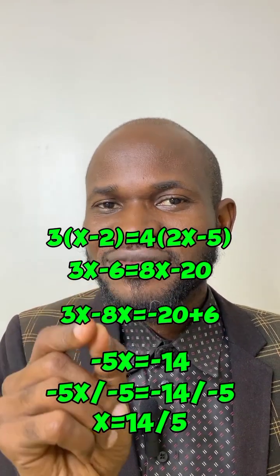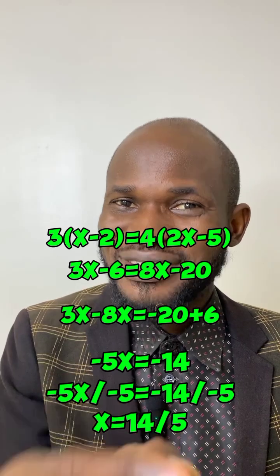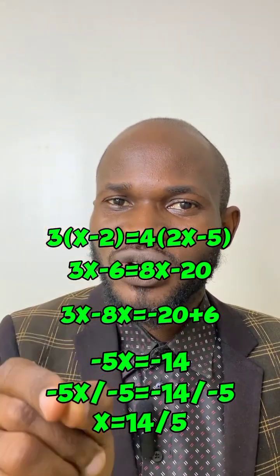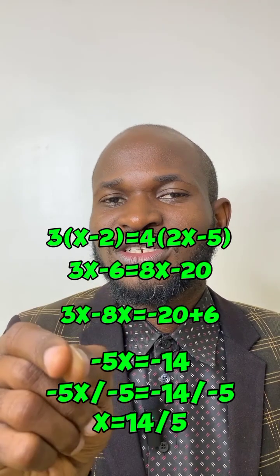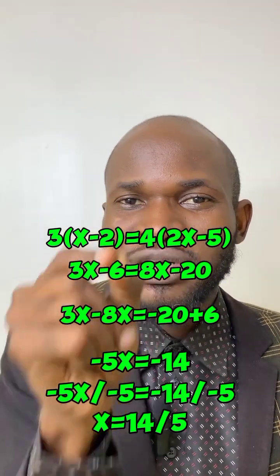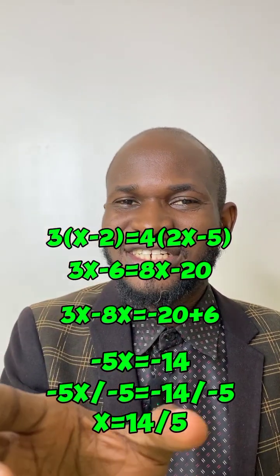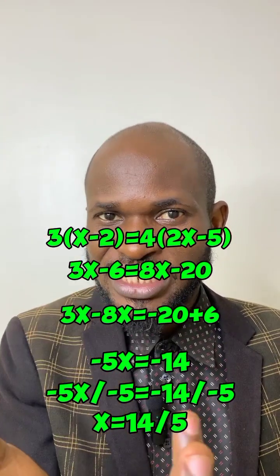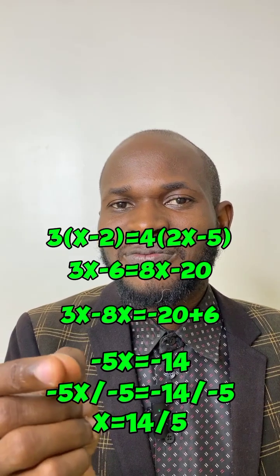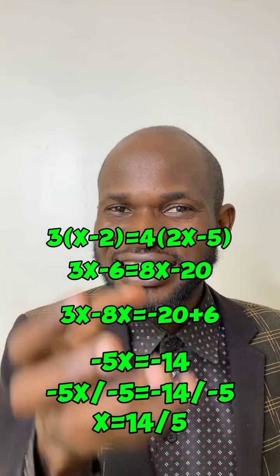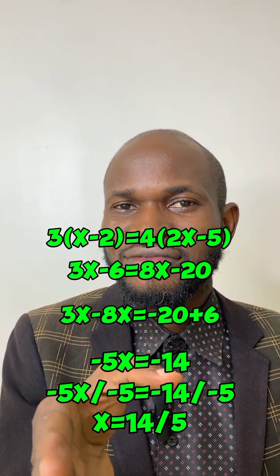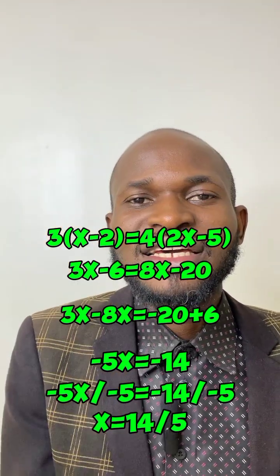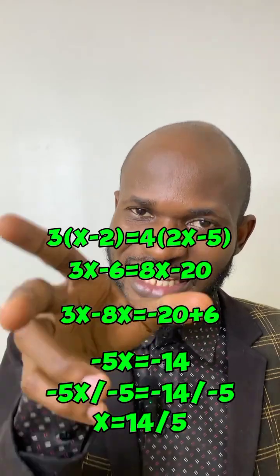In other words, it's the only multiple of 5 that is less than 14 that you're going to need in this question. There's no other multiple of 5 that is closer to 14 and yet less than 14. The next multiple of 5 that is less than 14 is 5 and is farther away from 14. 10 is the closest to 14 and yet a multiple of 5.